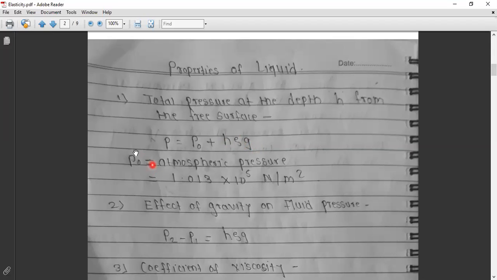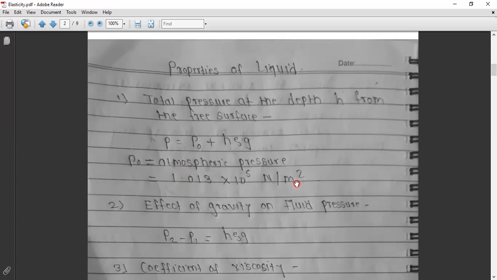So this atmospheric pressure acting on the free surface of the liquid is equal to 1.013 into 10 raised to power 5 Newton per meter square. So this is the pressure acting on the body at a depth h from the free surface of the liquid.